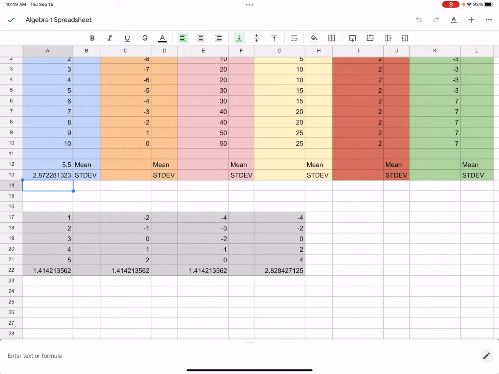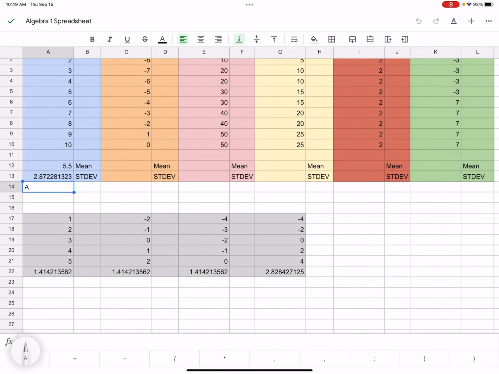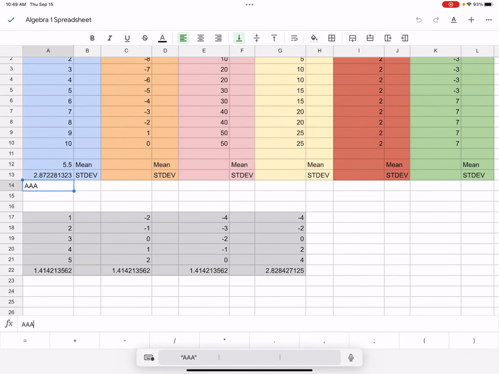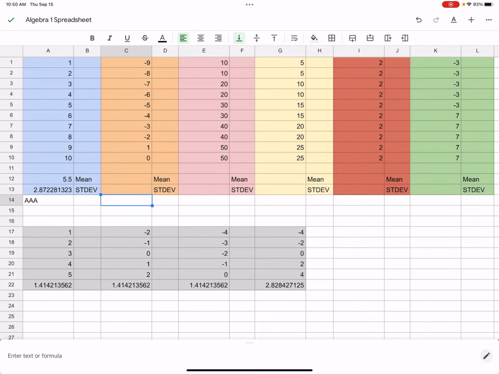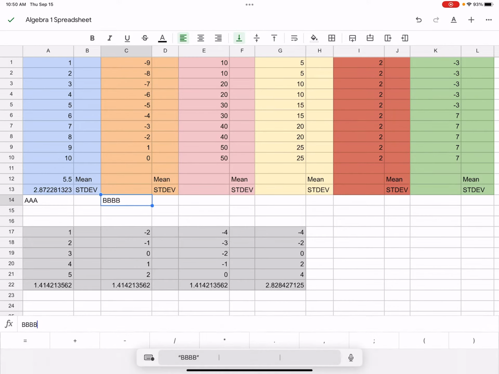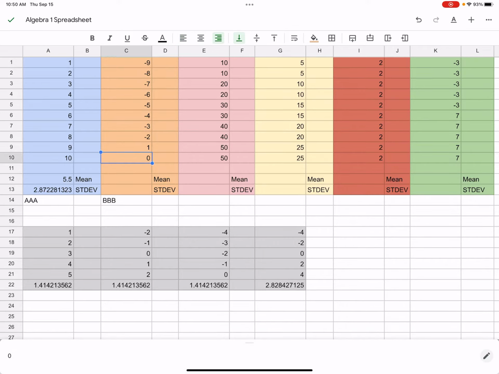So this value here, we'll call that A, was very similar to partner 2, where they had -9 all the way to 0, okay?